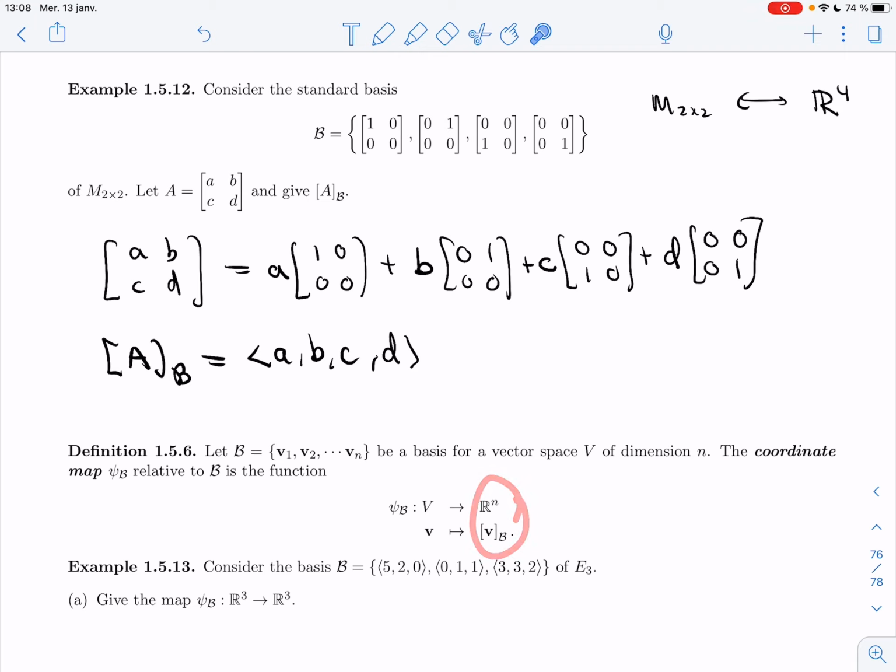All right, so that's a map from M22 to R4, but it's a map from any vector space to Rn. Turns out that map is really nice. It has an inverse, so it's 1 to 1 and onto. It also respects the vector structure, but we'll see later on how it does that in chapter 2.